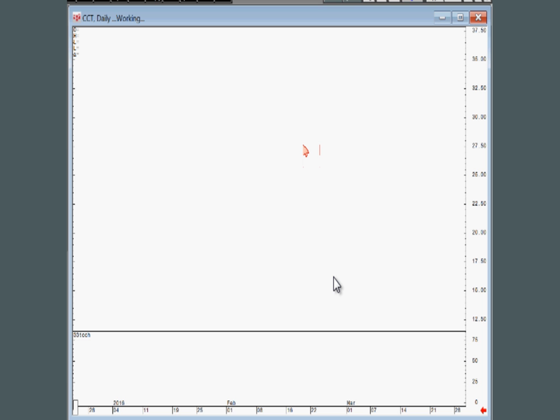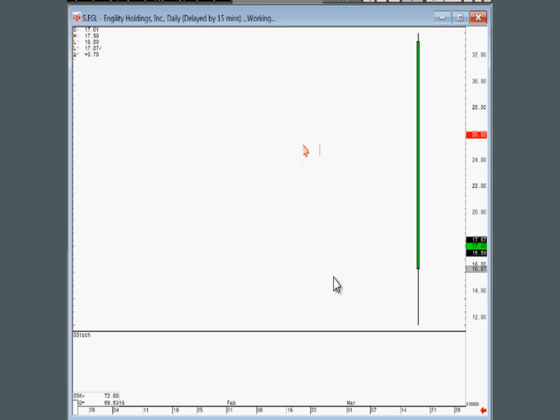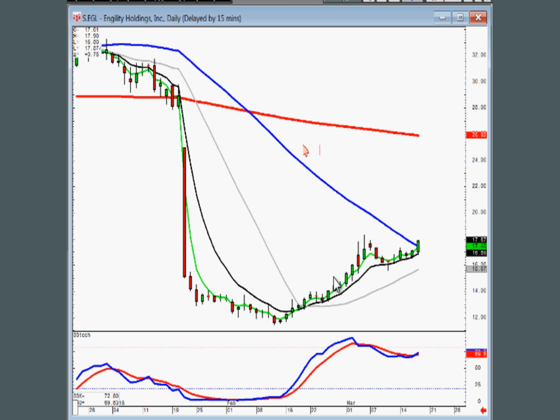It's not working. All right, let me finish up a few that are going to look good for tomorrow. I'll point them out. This one, there's your fry pan bottom, cup and handle, J-hook pattern, closing above the 50. There's a gap up here at the 200. So a lot of these have big upside potentials.